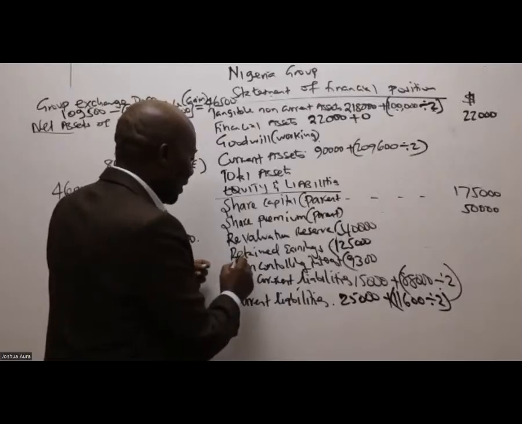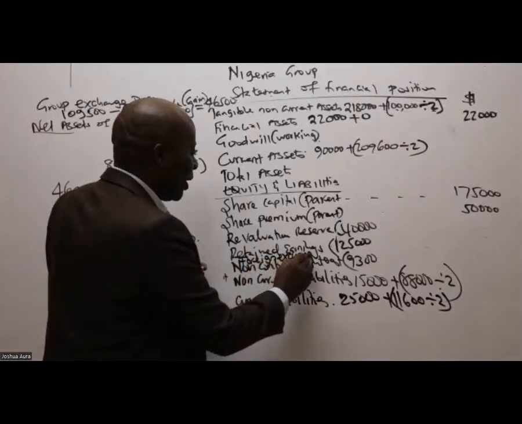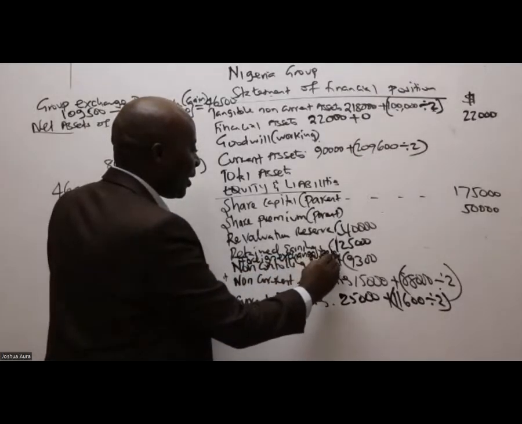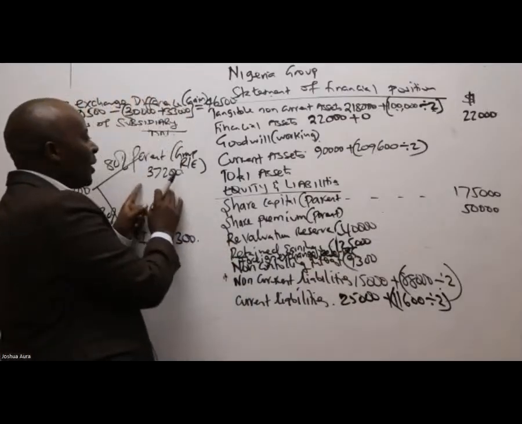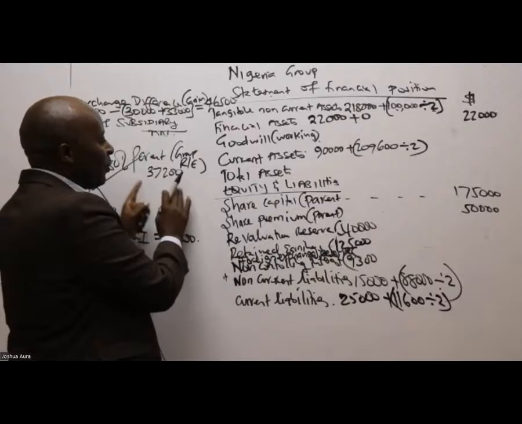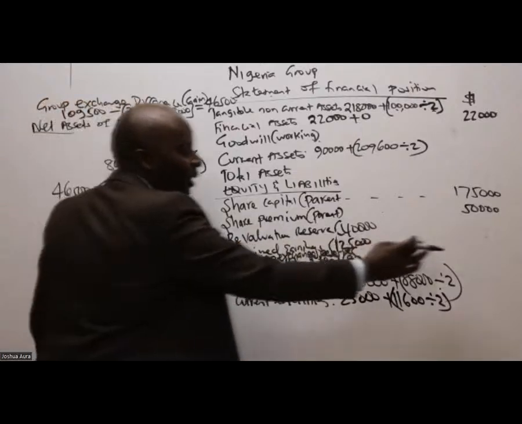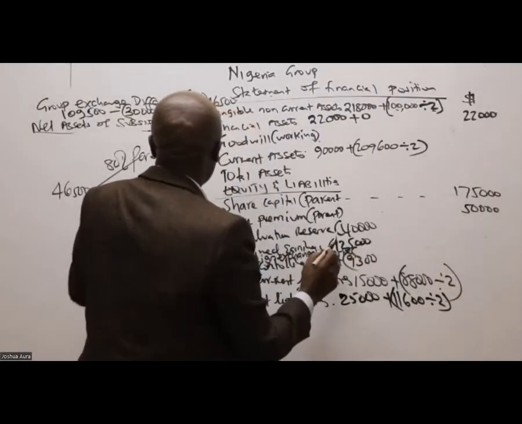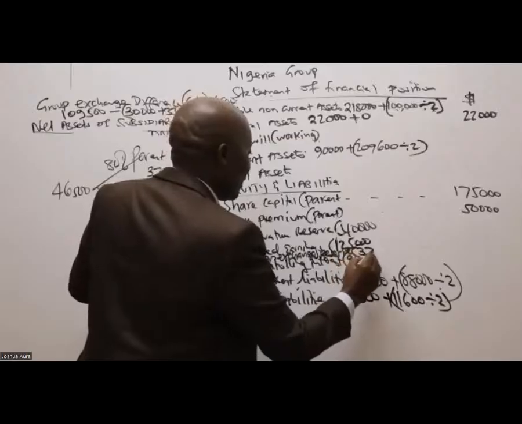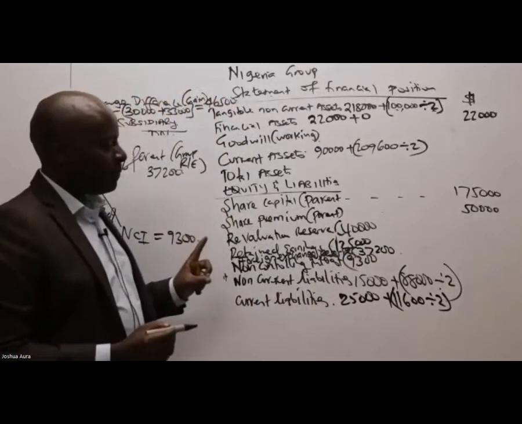The parent's foreign exchange reserve will go to the equity of the parent, but don't take it as the last figure here. We'll still have something. So you're just writing it as a working, 37,200.